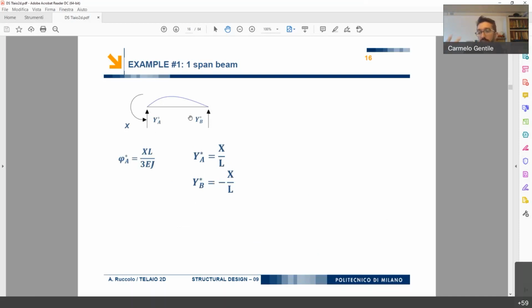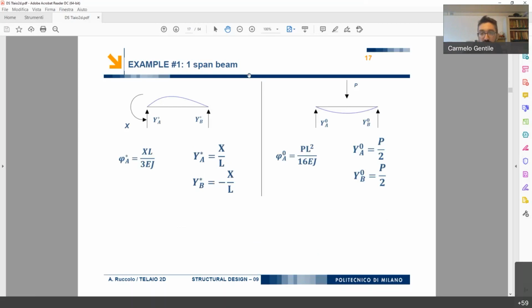We can use just two equations of equilibrium, which are the two equations that we have left. Then we solve the original structure associated to the external load. We have this flexibility coefficient, which is different and depends on the load.